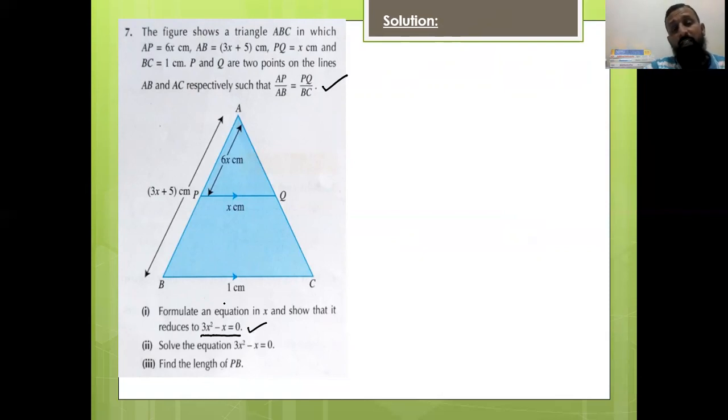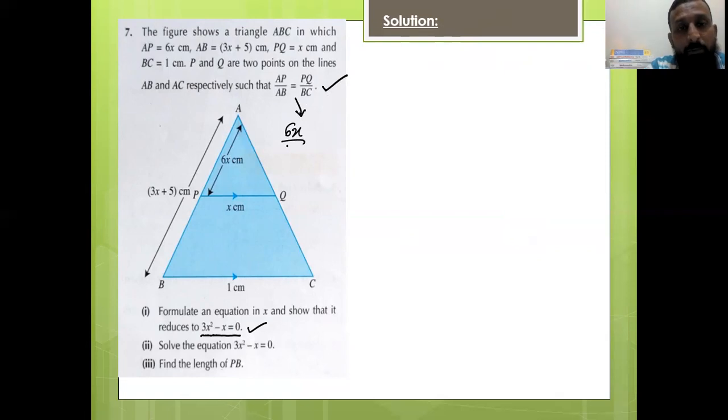What is the data given? The length AP 6x, the length AB 3x plus 5, the parallel lines PQ x centimeters and BC 1 centimeter. So let's use this, boys and girls. I'm using this ratio. So AP, what is AP? If I look at my figure, it's 6x upon, what is AB?